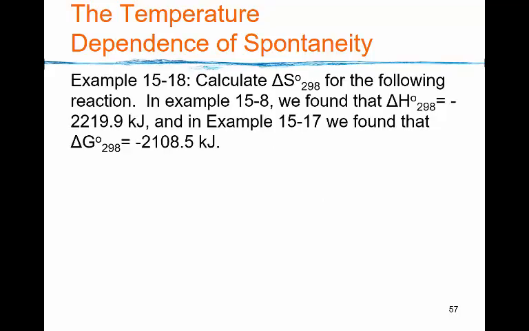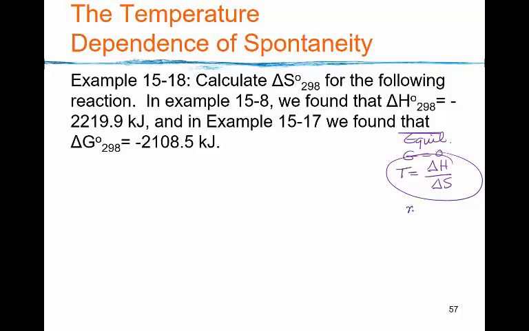Now, we have talked about several formulas for this. We've said, all right, at equilibrium, okay, delta G equals 0. So that allows us to say that T equals delta H over delta S. That's just a rearrangement from one we had earlier, okay? If it's not at equilibrium, all right, then we have to have delta G in there.